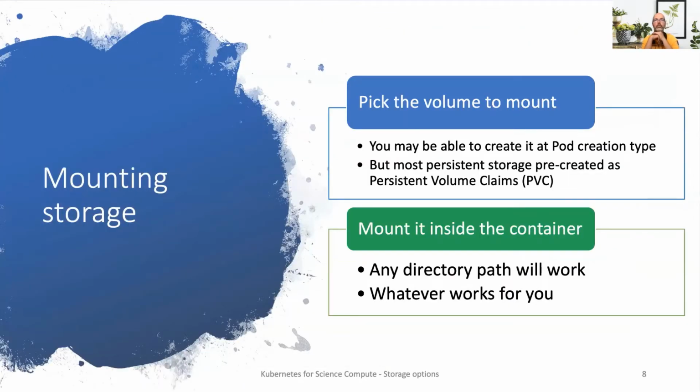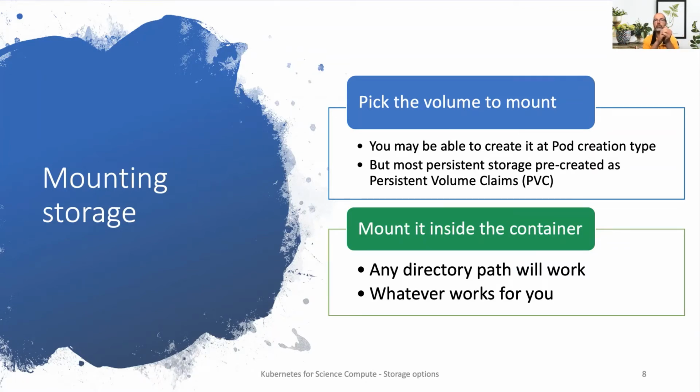So how do you mount external storage? Well, first you need to pick the volume to mount. You may be able to create it at pod creation time. If it's an ephemeral one, you just say, I need a partition, and that will happen automatically for you. But if it is persistent, you need to first have a location that will last for way longer than your pod will.